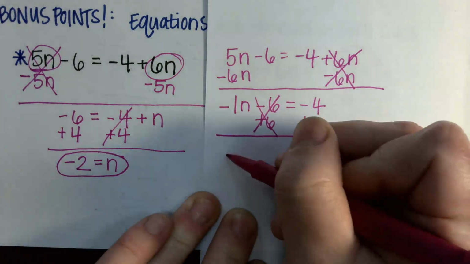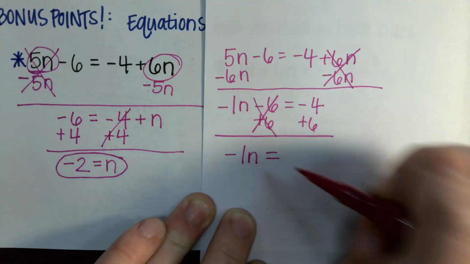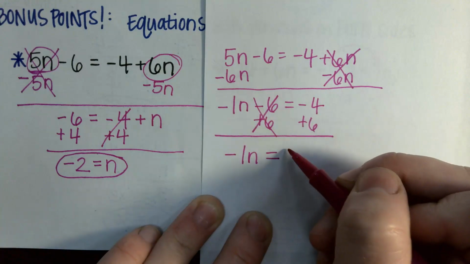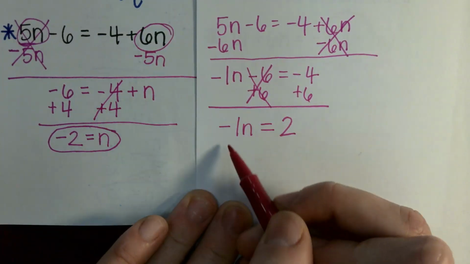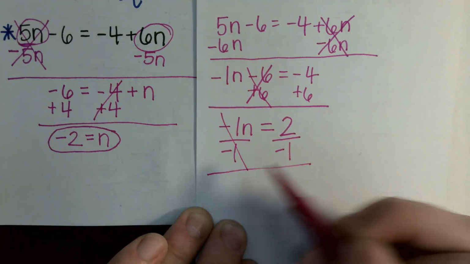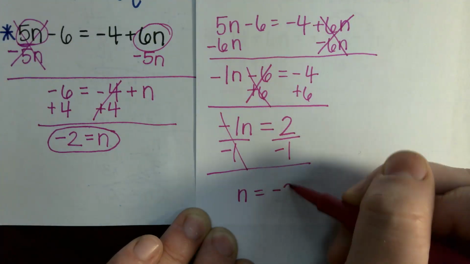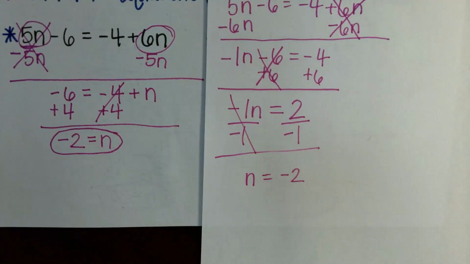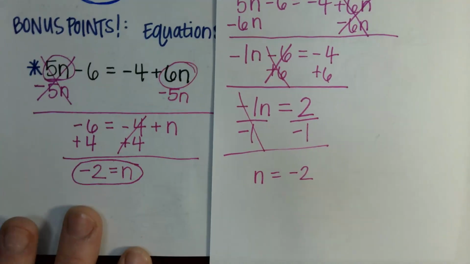So now you would have -1n, so it's still turning into a negative, equals -4 plus 6 is 2, and then you would have to get rid of this -1 by dividing by -1. And then that would cancel and you'd get n equals -2 over 1, which is the same thing as -2. Yeah, so it works. You can absolutely do it this way. It adds an extra step. And that's okay.